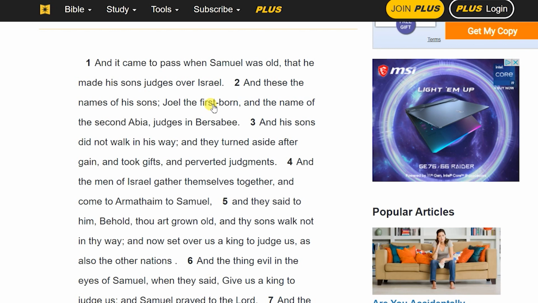So according to the remnant tradition, they were not to have any chief. They were not to have any king. They were not to have any rulers paramount. They were not to have any governor. They were not to have any president.